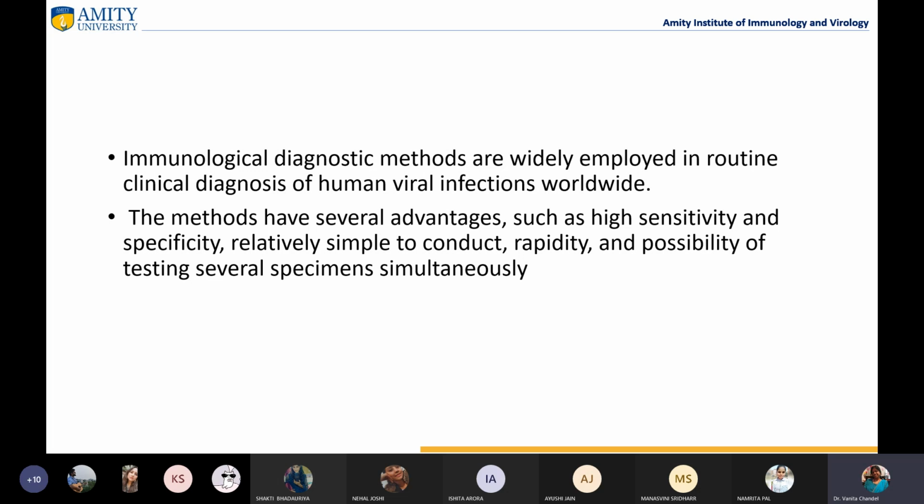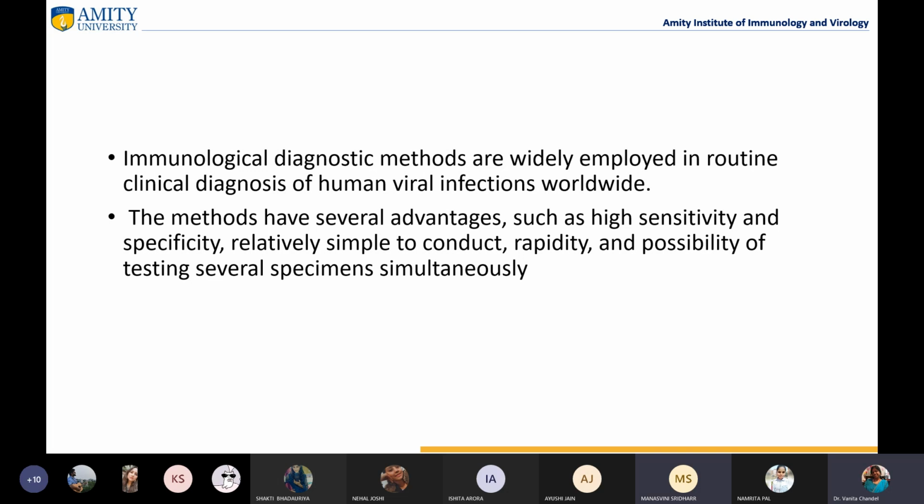So when we talk about specificity and sensitivity, what do you understand by specificity and sensitivity? What does this mean? Have you heard these terms before? Yes, anyone? Yes, tell me then.